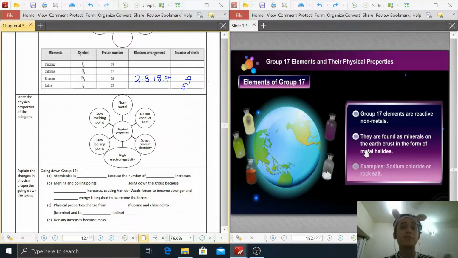That's impossible. Group 17 elements only exist as metal halides or in mineral forms. One of the most famous mineral forms that you eat every day is sodium chloride.